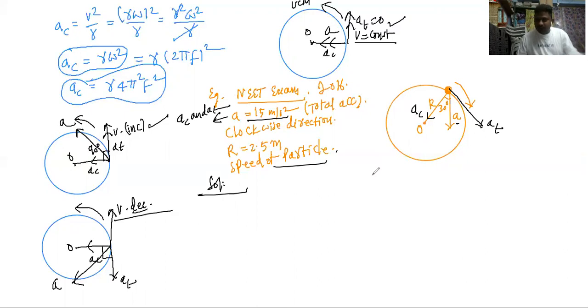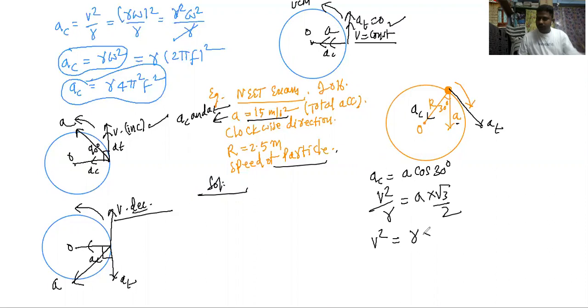So I can say from the vector resolution, AC is equal to A into cos 30 degrees. Okay. So centripetal acceleration V square by R is equal to A into cos 30. Cos 30 is root 3 by 2. Everything you have except your V. So V square is equal to R into A into root 3 by 2.